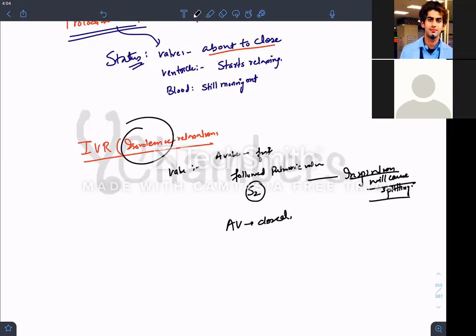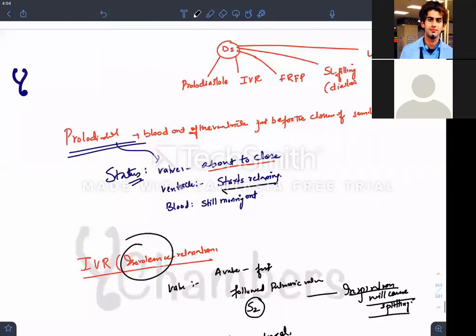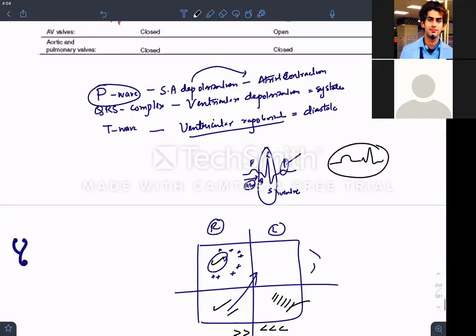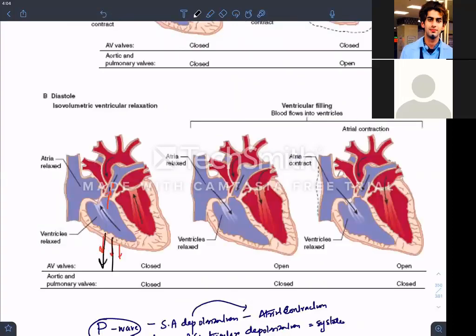So we will write: ventricle relaxing, plus pressure decreasing. When you relax the ventricle, pressure will decrease, because if you open this chamber, pressure will decrease. We have the image here.